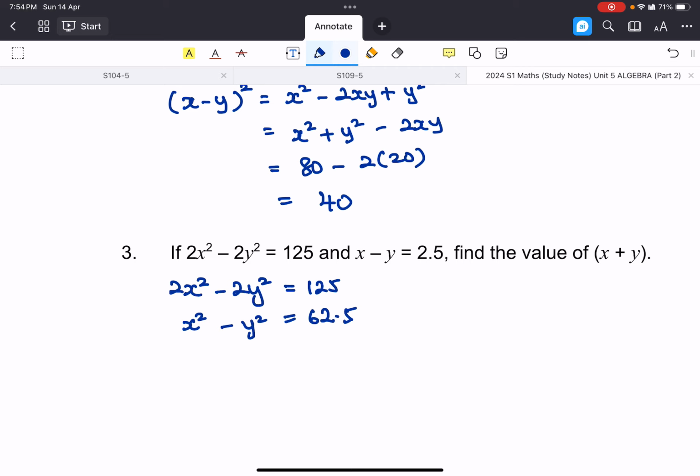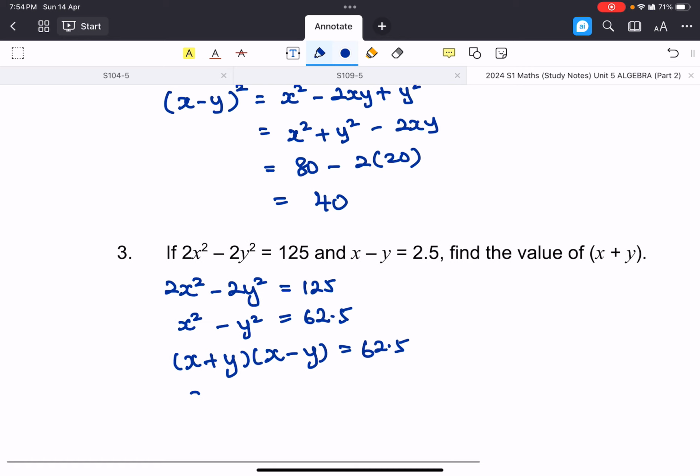I mean, if you have a calculator in front of you, do use it, right? But yeah, it's 62.5. So now, x squared minus y squared is x plus y times x minus y, and this is 62.5. Now we know that x minus y is equal to 2.5.